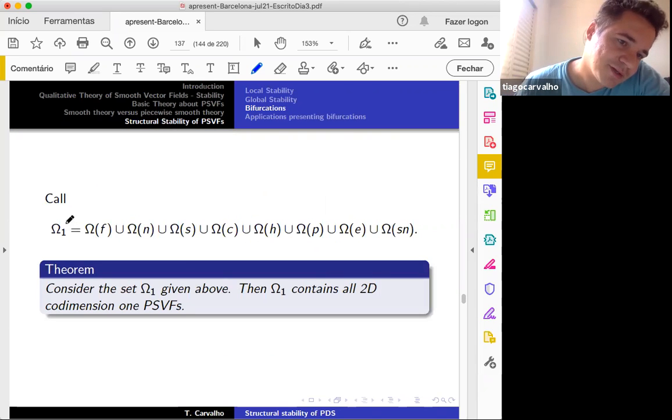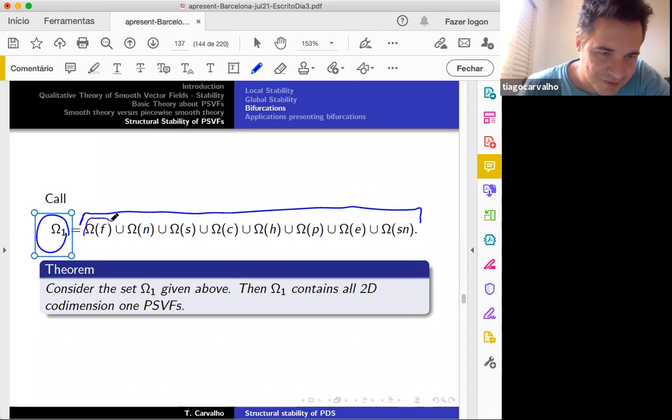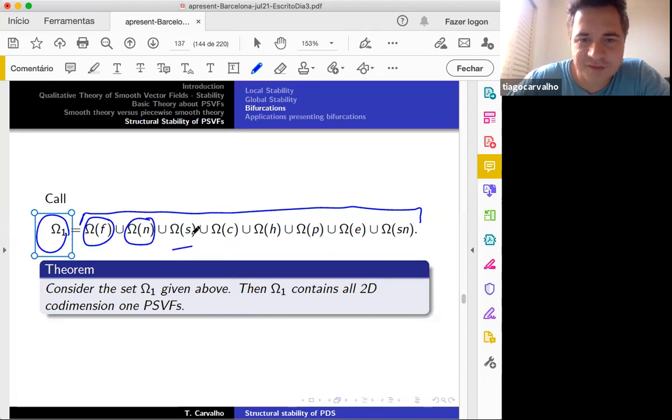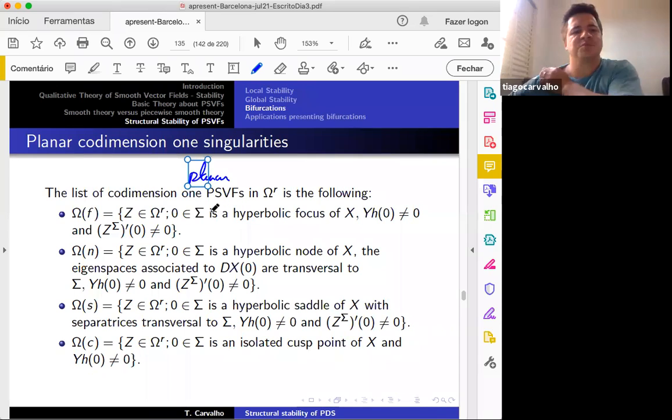Okay, that will be this set omega 1 here, composed by all these subsets, where each one of these subsets are given at this list. Okay, here we have all codimension 1 planar piecewise smooth vector fields.